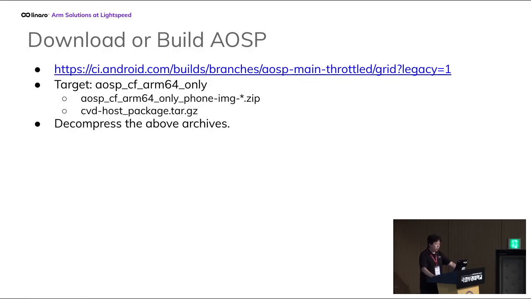Actually, I tried to build the AOSP by myself, and it takes a lot of hours. I just got the same resources, this zip and .tgz. So yeah, to save time we can just download the binaries.